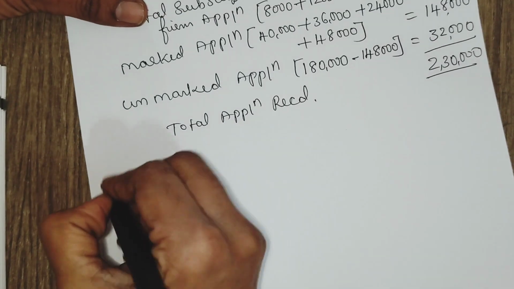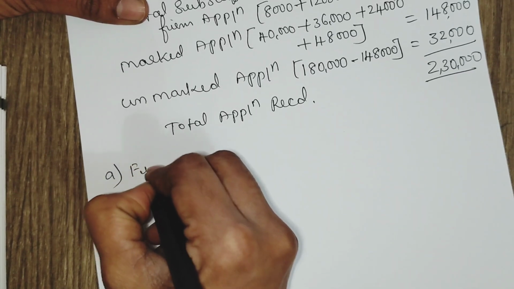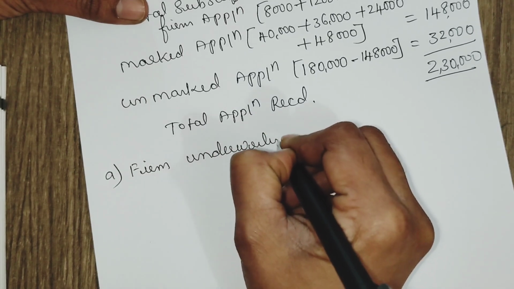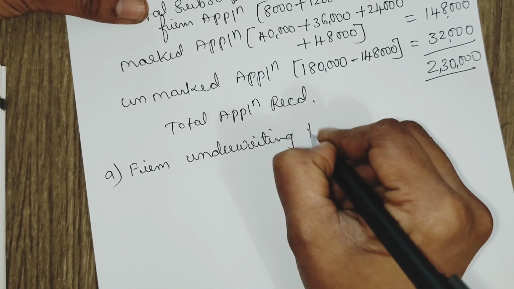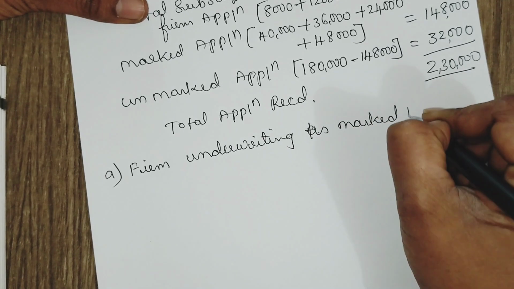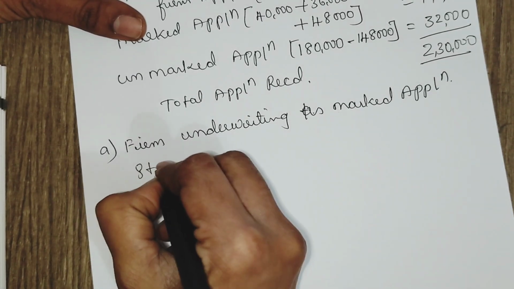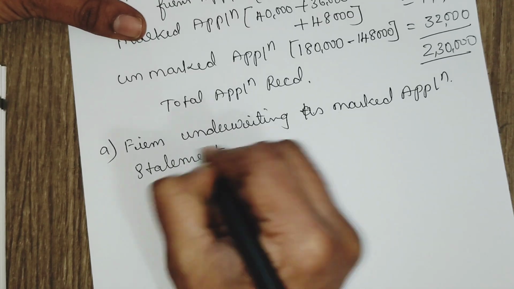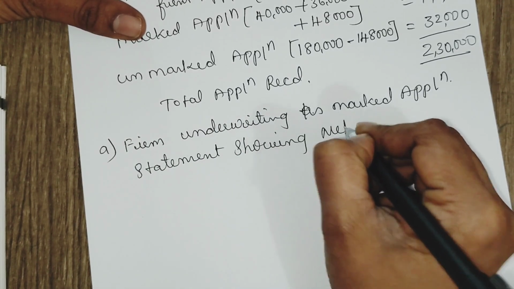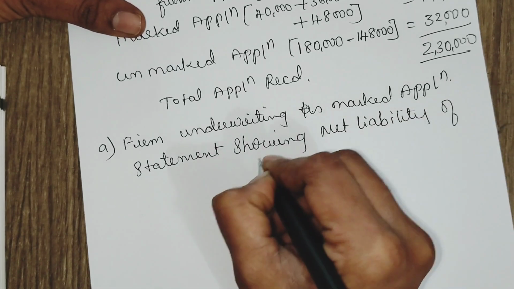Okay, let us prepare for case 1. What is case 1? Case 1 is firm underwriting treated as marked application.